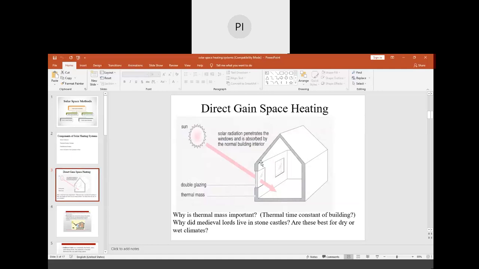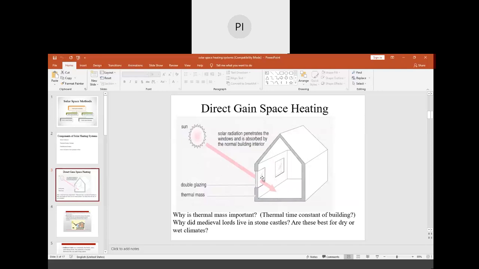In that we are using only a window with a glass. Here there is a tile or flooring. That flooring absorbs the thermal radiations and liberates heat energy slowly. After 10 or 12 hours, it starts liberating the thermal radiation.